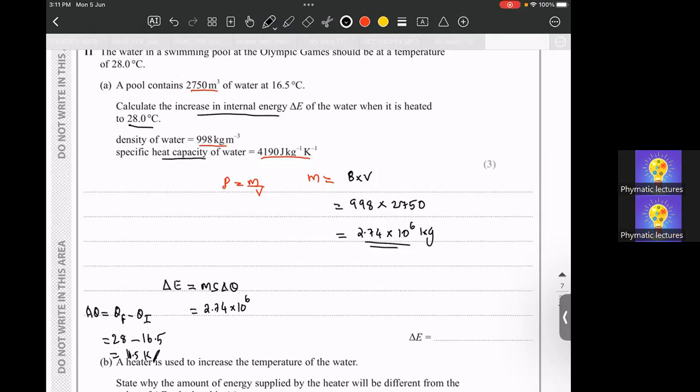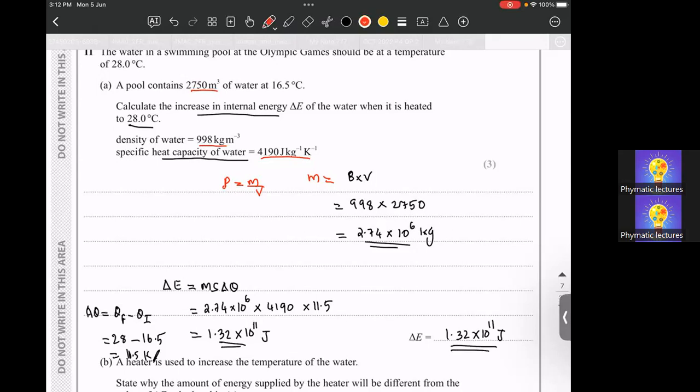The C value is specific heat capacity, that is 4190, multiplied by delta theta, that is 11.5. So if you are plugging all these values, we will get 1.32 times 10 to the power of 11 joule. So what is the increase in the internal energy? 1.32 times 10 to the power of 11 joule is our answer.